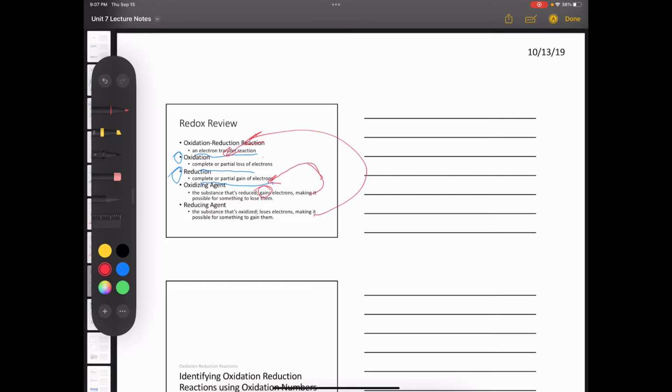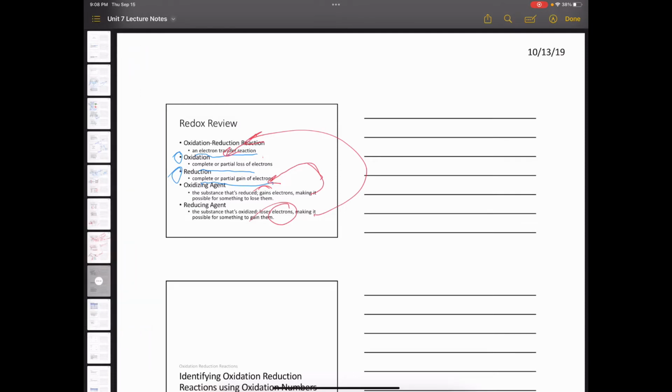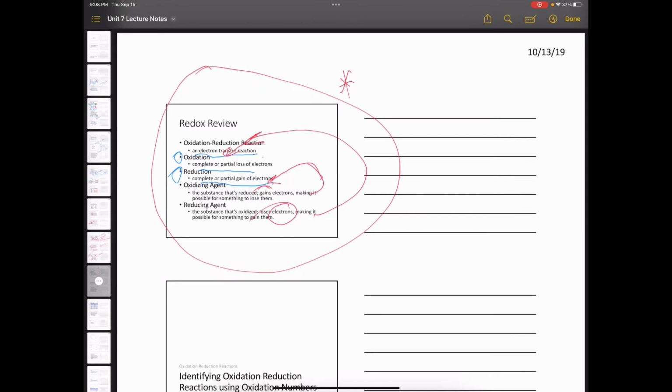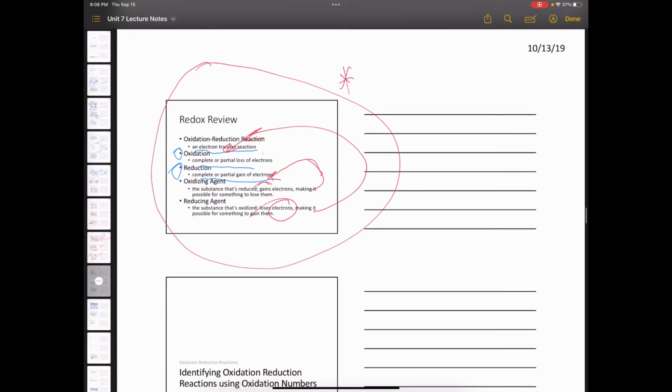The reducing agent, on the other hand, is the substance that's oxidized, so it loses the electrons, allowing another substance to gain these electrons. Okay, so I would consider this page very important to pay attention to.